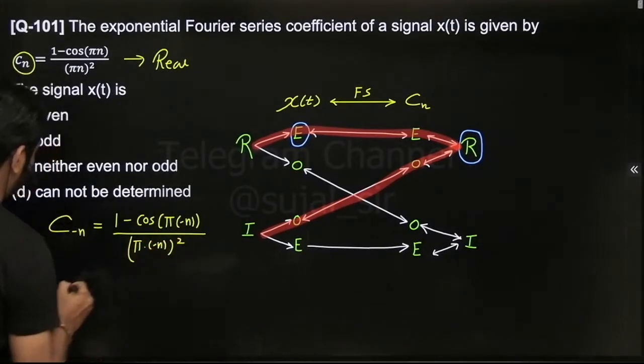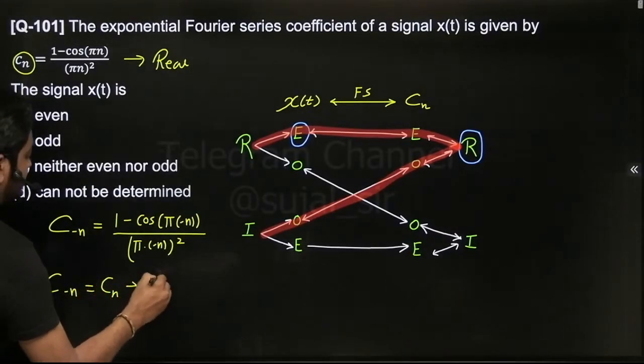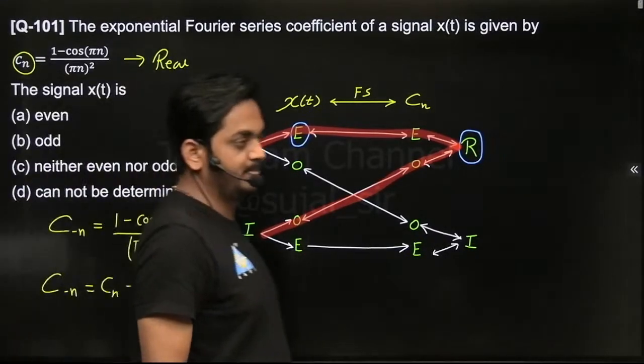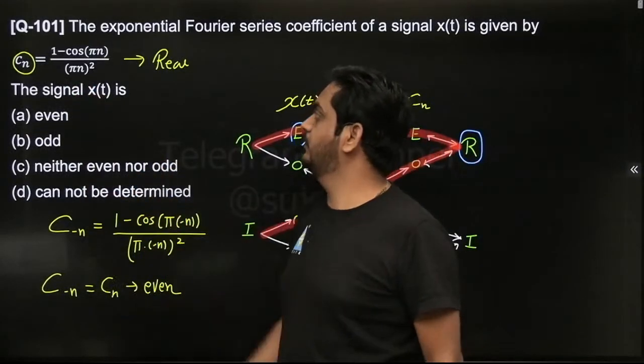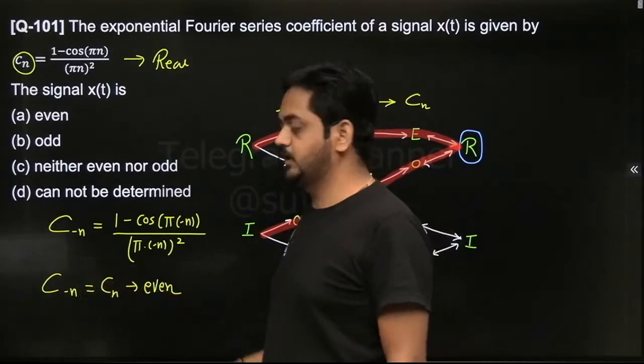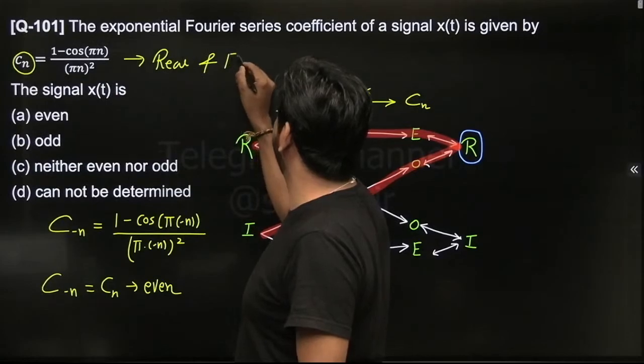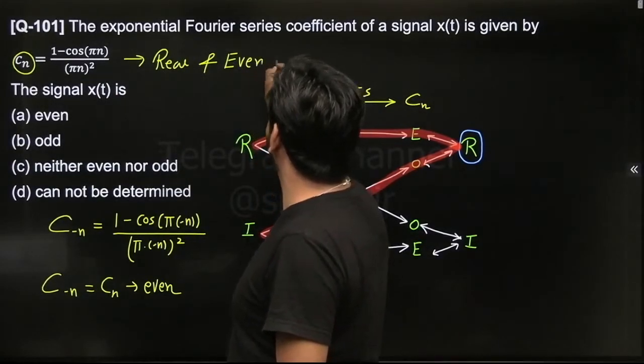So C minus n is nothing but Cn, so it is even. Because C minus n equals Cn, Cn is real and even.